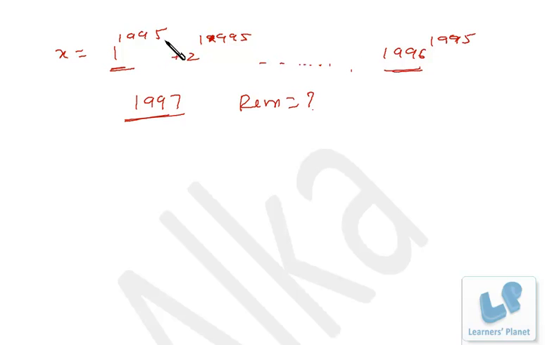So 1 raised to 1995 plus 1996 raised to 1995 will be divisible by 1 plus 1996, that is 1997.